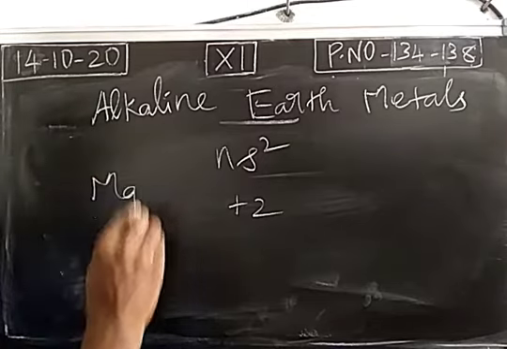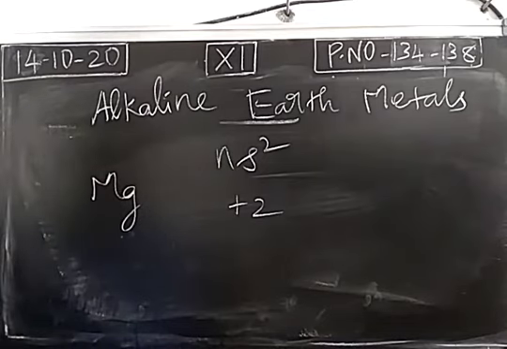If you take alkaline earth metals, they have 2 electrons in the outermost orbital. So if they lose 2 electrons, they also become like noble gases. So the tendency of alkaline earth metals is to lose 2 electrons. So they are electropositive in nature. The common oxidation state is +2.